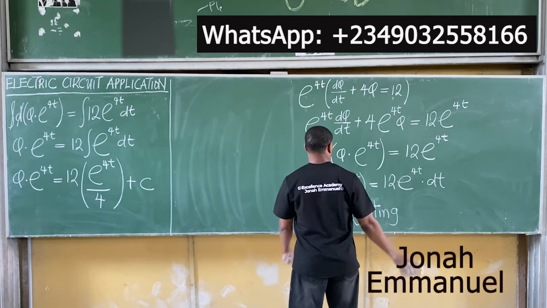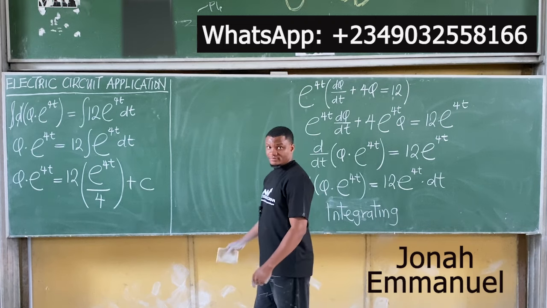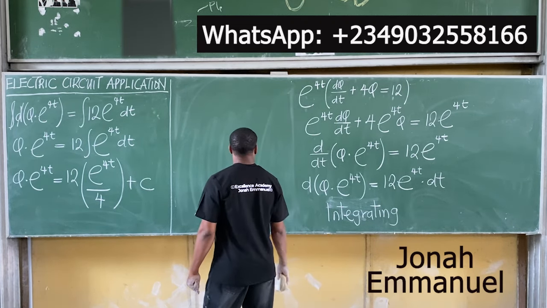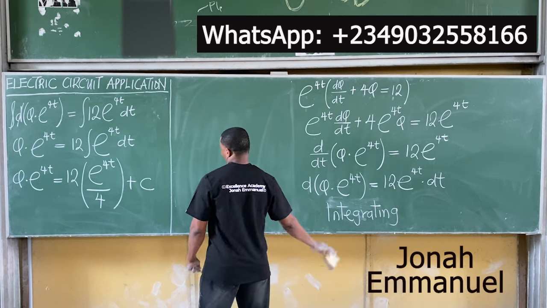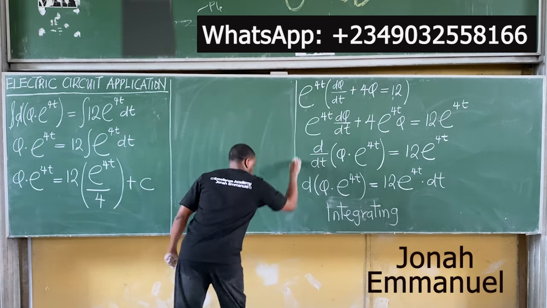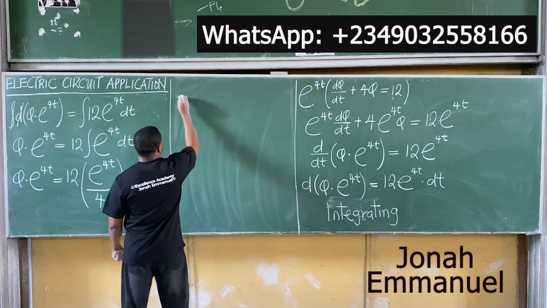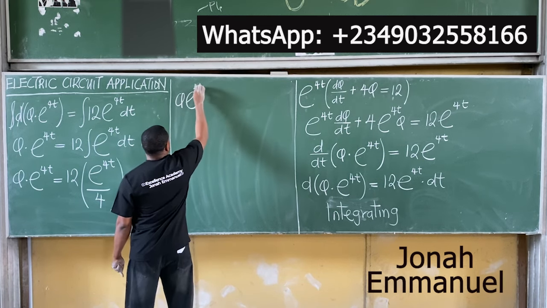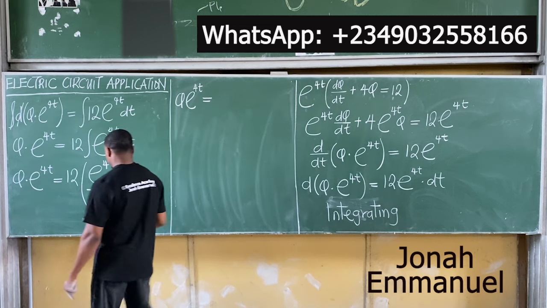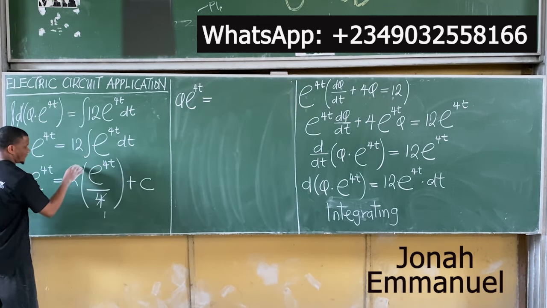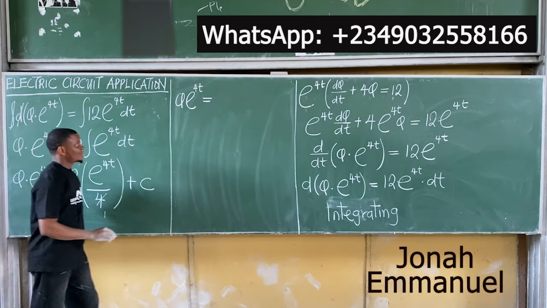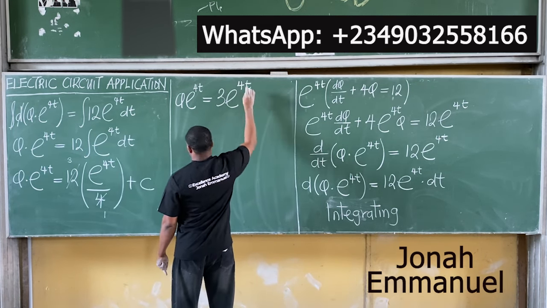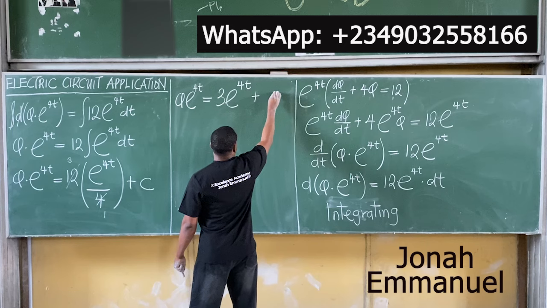Okay, this gives you q exponential 4t is equal to, 4 into 12 is 3, 3 exponential 4t plus c.